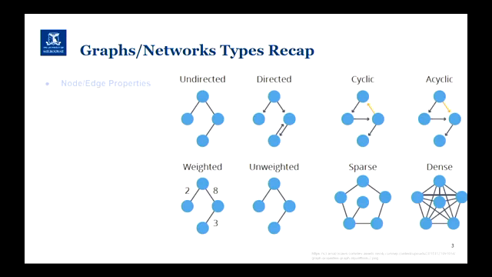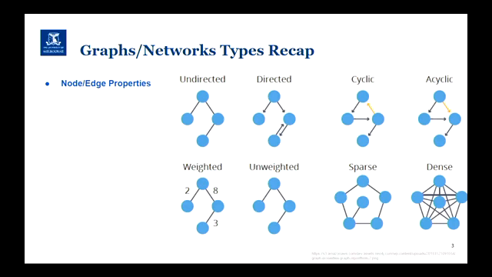So just a quick recap from what we studied last Wednesday: based on different node and edge properties, and on the decisions we make on how to model our graph, we can have different graph types. For instance, depending on whether an edge has a direction or not, we can have undirected or directed graphs. We can have acyclic graphs.